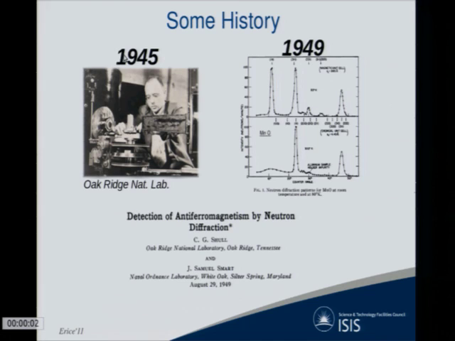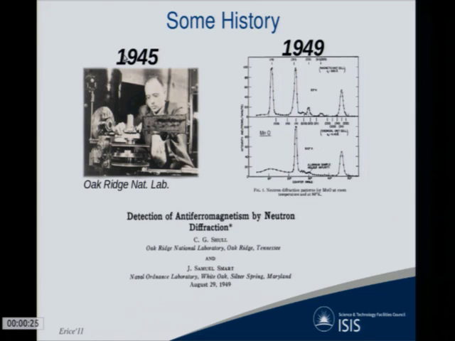As I mentioned the other day, just after the war, this is the work from Clifford Shull at Oak Ridge. And this is one of the first, as you can see, two-axis diffractometers here in 1945. This is the first pattern obtained on manganese oxide, which is an antiferromagnet at low temperature.